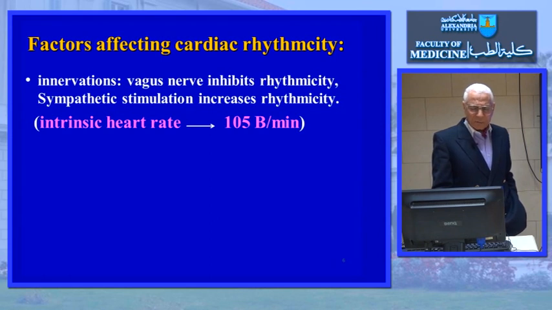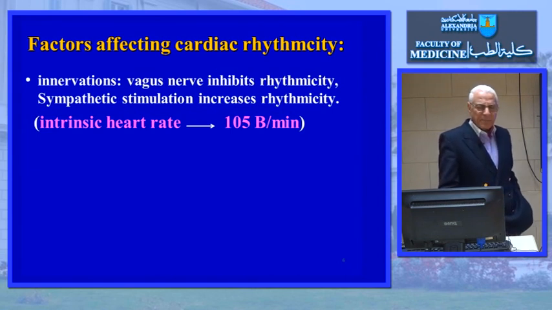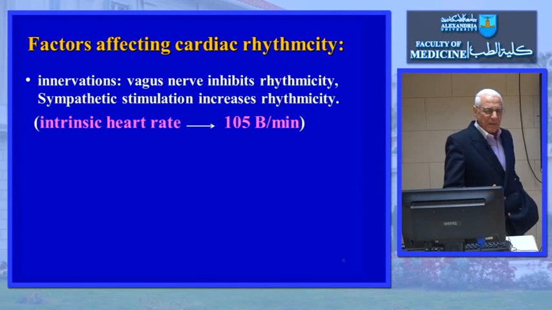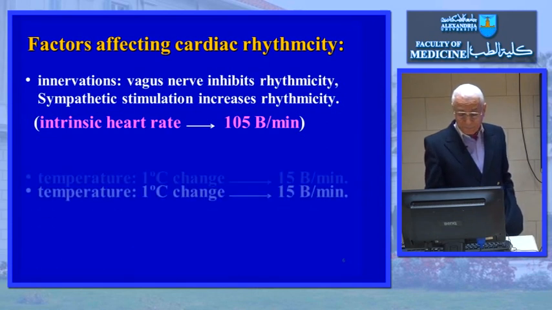Intrinsic heart rate could be defined as heartbeat or cardiac rhythmicity without innervation, no sympathetic nor parasympathetic. It beats about 105, but in the presence of the double innervation, heart rate is lowered to the basal condition, 72, 75 beats per minute.